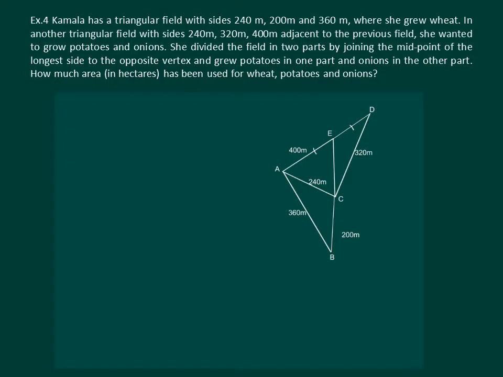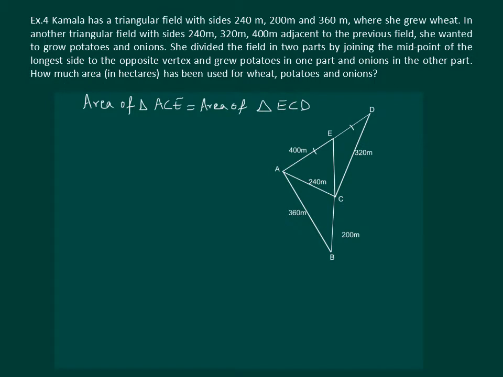So this implies that area of triangle AEC will be equal to area of triangle EDC, as they have same base equal to 200 meters and height also same. So instead of taking out the area separately, let us take out the area of triangle ADC.